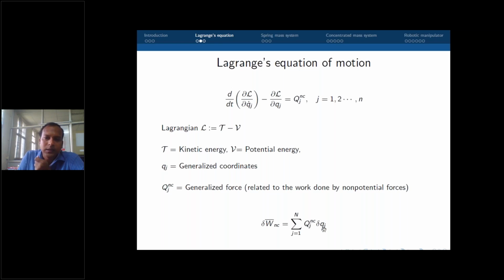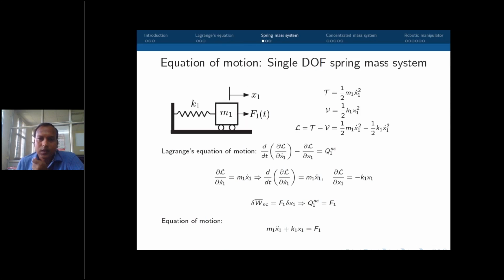In this case the virtual displacement is delta x1 and the external force is F1, the generalized force. Now we substitute all the quantities in the Lagrange's equation of motion. We get m1 x1 double dot plus k1 x1 equals F1. This is the equation we have for this single degree of freedom system.